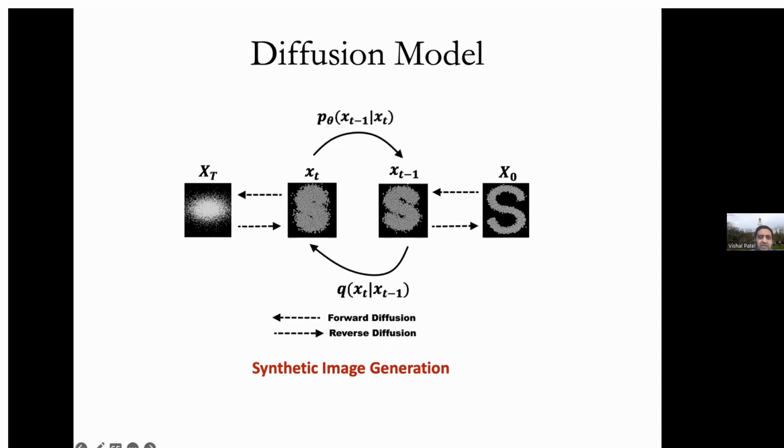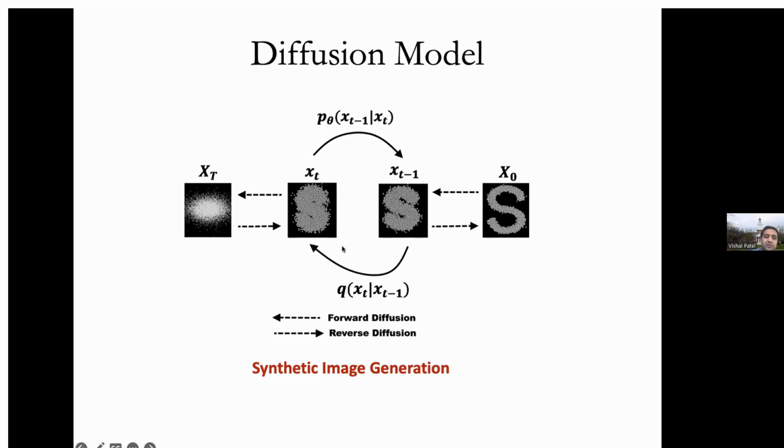And in the reverse process, you take this noise as the input, and you slowly remove some noise, one step at a time. And this reverse process is basically modeled by a neural network. In other words, it takes a noisy image as the input, and it will remove some noise.